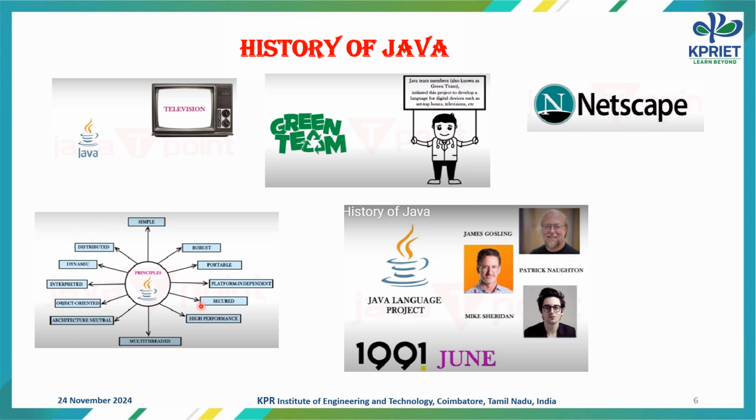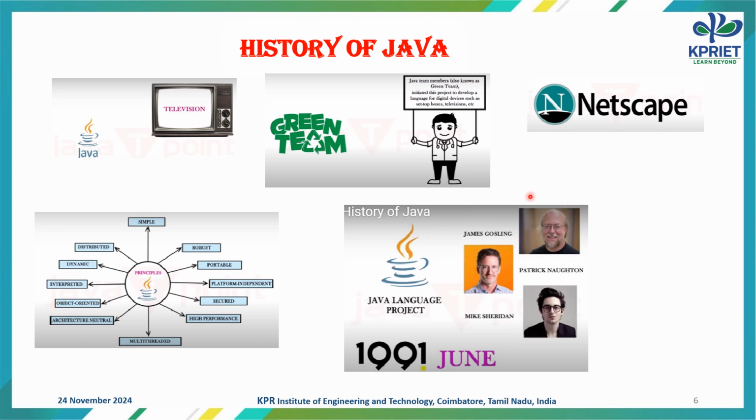The principle behind creating Java is that it is a very simple language, and it is robust, portable, platform independent, secure, and high performance compared to other programming languages, and multi-threaded, architecture neutral, and the main thing here is it is an object oriented programming language, interpreter, and also a dynamic programming language.